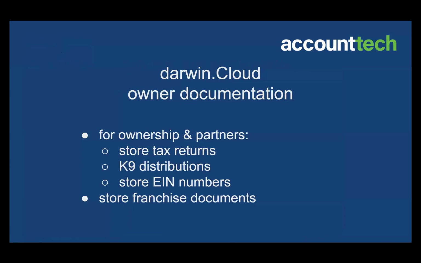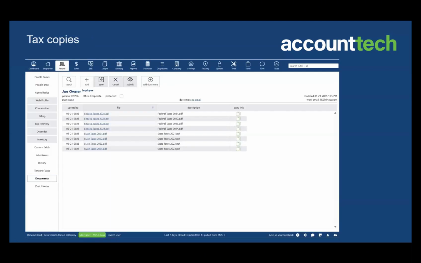But now to wrap up, I want to talk about some unconventional uses of Darwin Cloud for document storage. So let's say you had a person in your company who was the owner, and you had them in as a person in the Darwin person records.